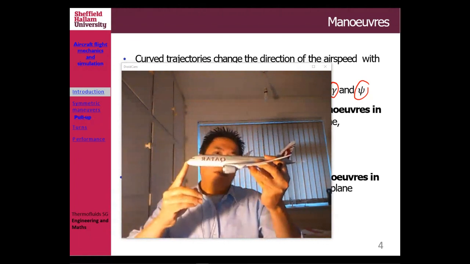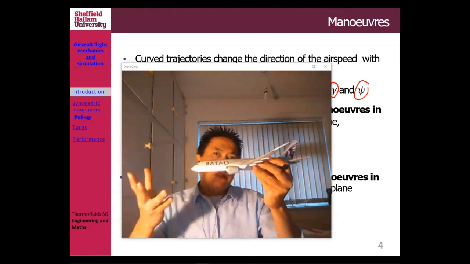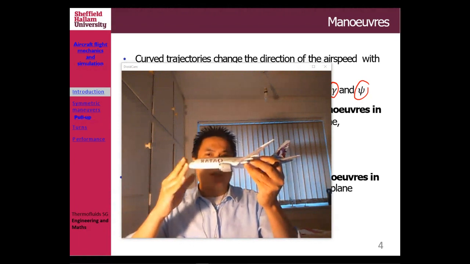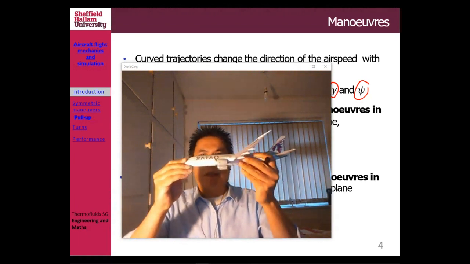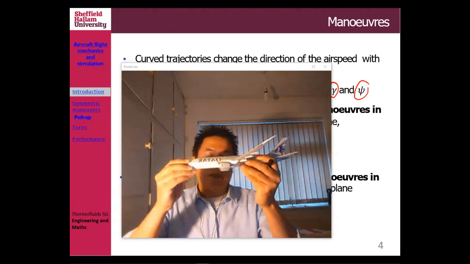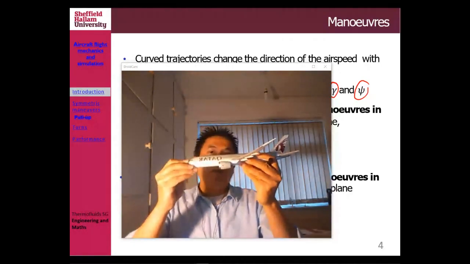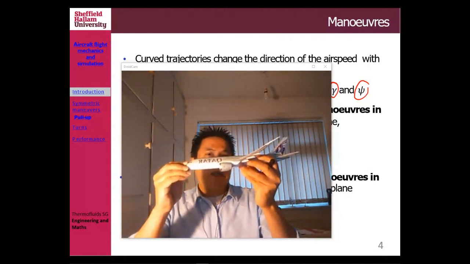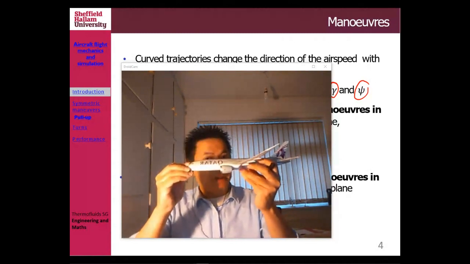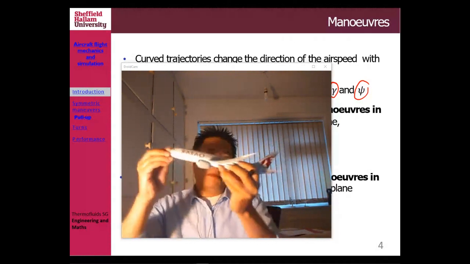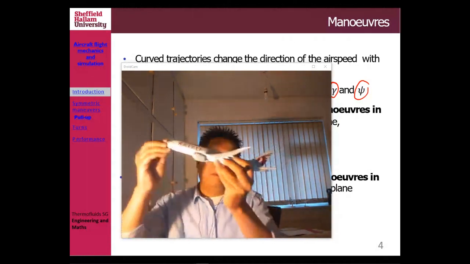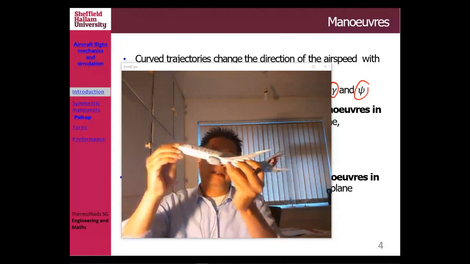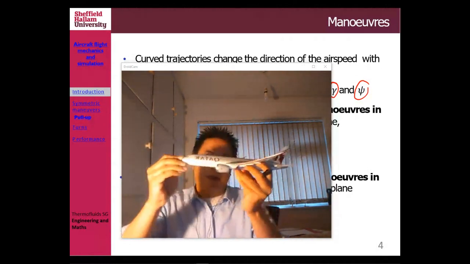Now, that is not really an important maneuver point if you are talking about commercial jet passenger aircraft, like what you are designing in aircraft design. But it will be a very important maneuver assessment for fighter aircraft, because the pull-up capability of your aircraft determines how fast you could, for example, intercept your enemy or make a climb.